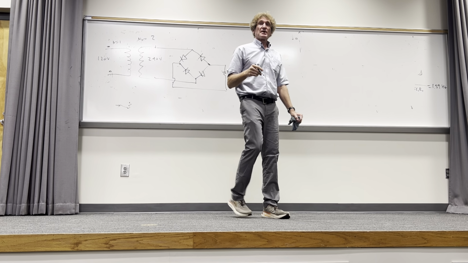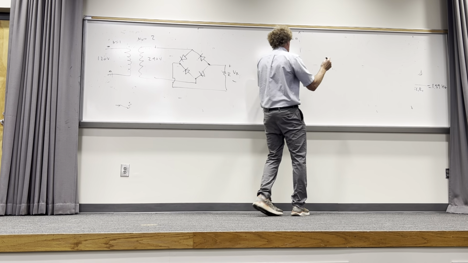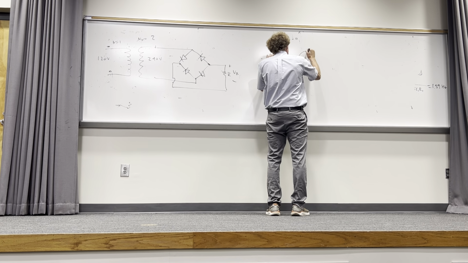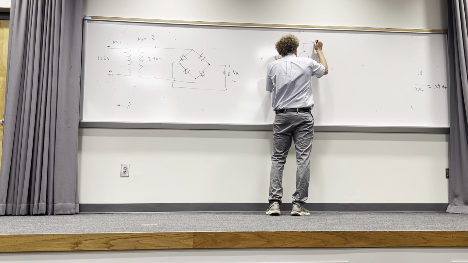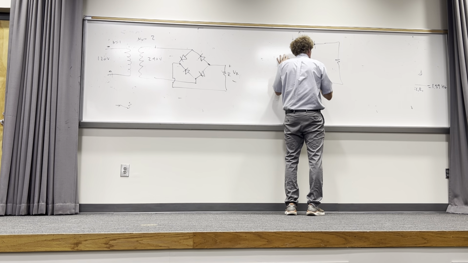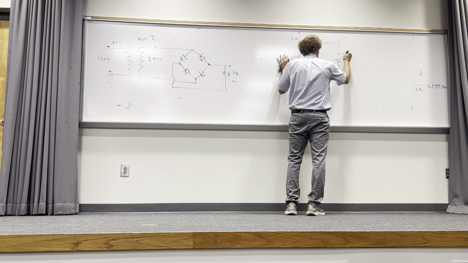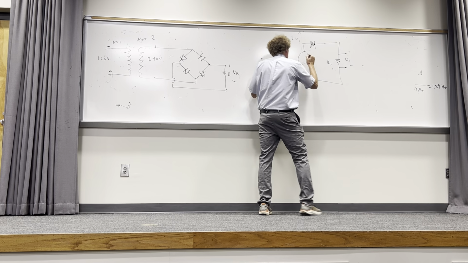Really what I should do is, before I do this, give me 1 second, I'll do something else. Suppose I just have a voltage source as such, and I have a diode as such, like this. And then I have a resistor as such, R. And I want to find the voltage at the load here.